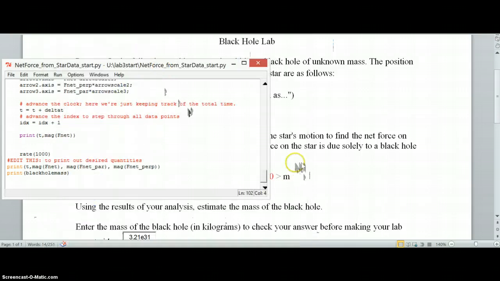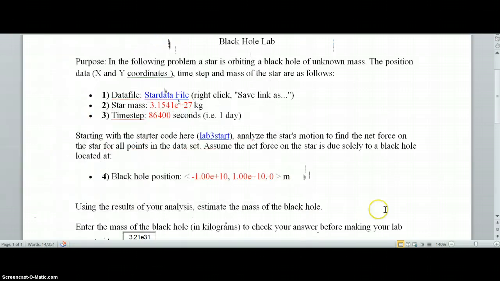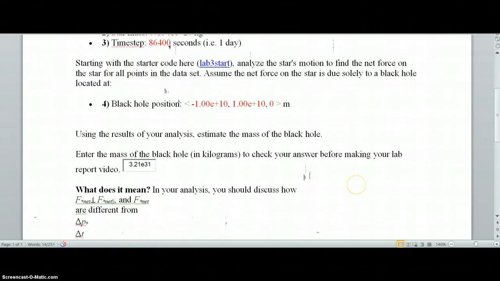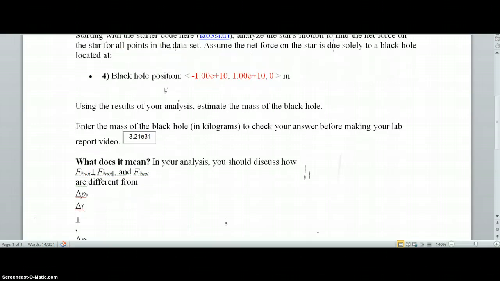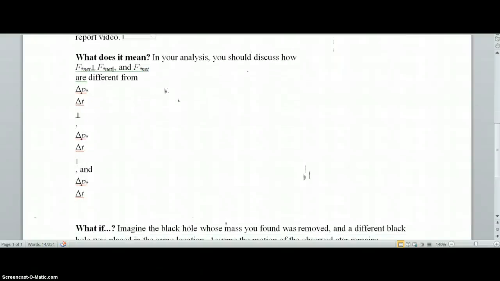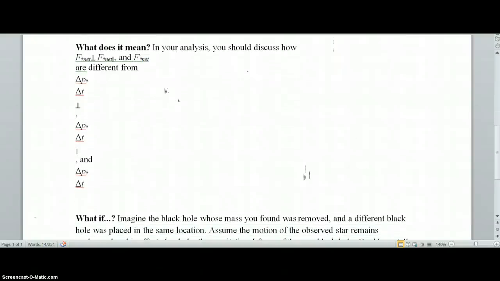And when I did that, at the end, it did give me the mass of the black hole being 3.21 times 10 to the 31. And so my computational model was accurate in helping me determine that mass of the black hole.